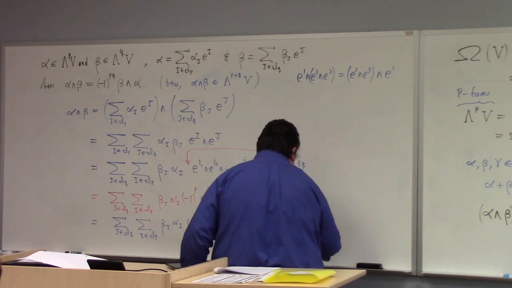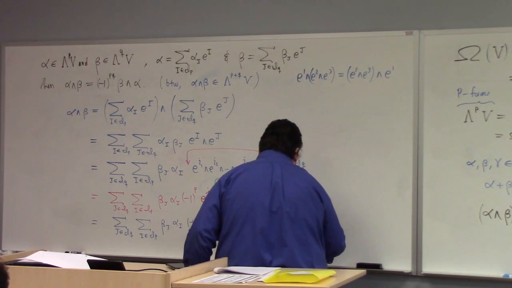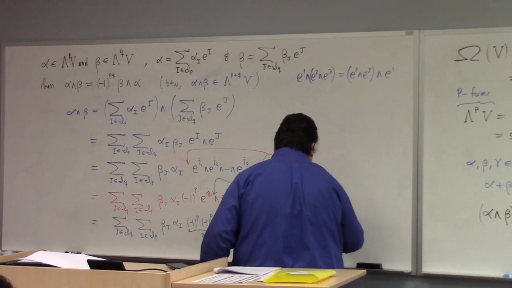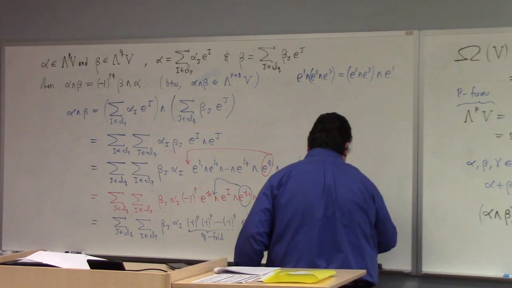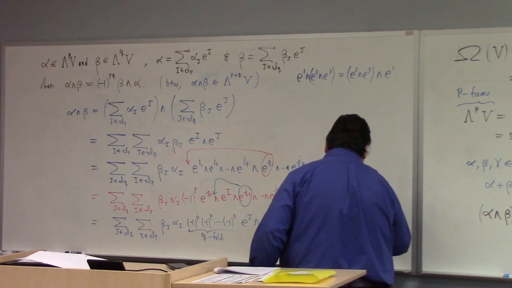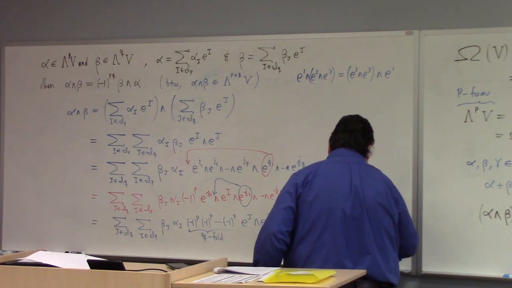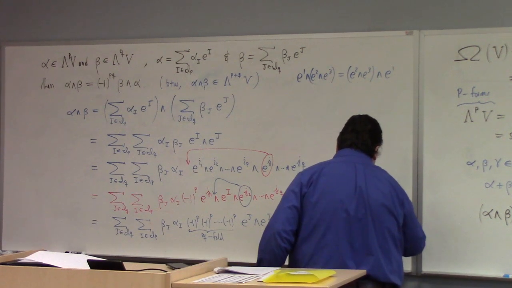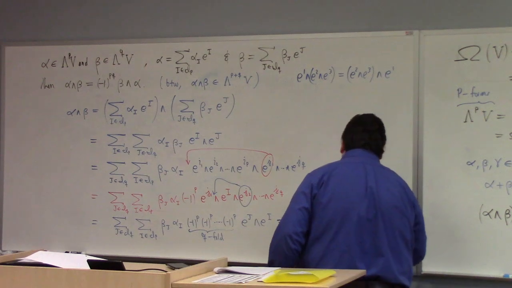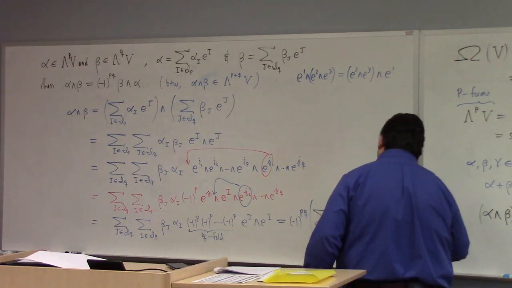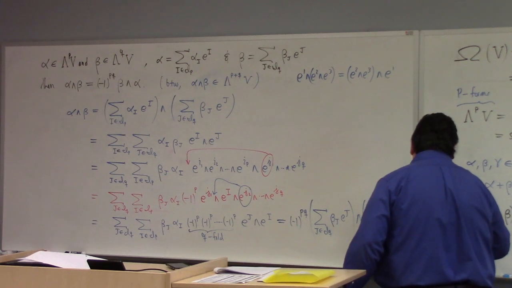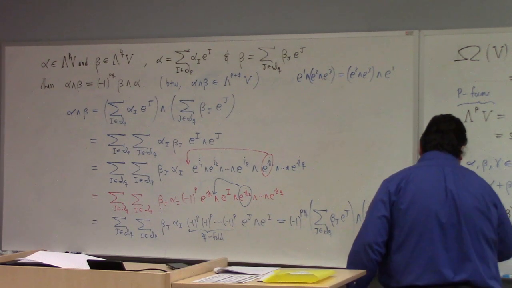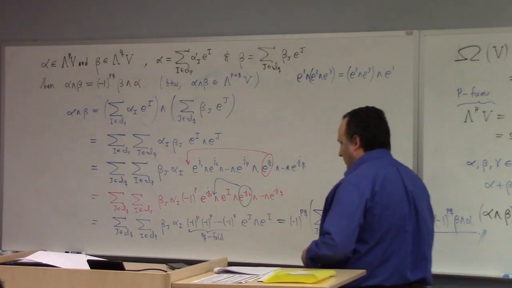And then we've got a sum over J in I_Q of beta_J, E upper J, wedged with the sum over I in I_P of alpha_I, E upper I, which is (-1) to the PQ beta wedge alpha, which is what we were trying to show.